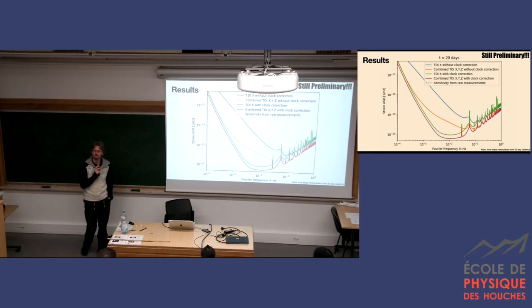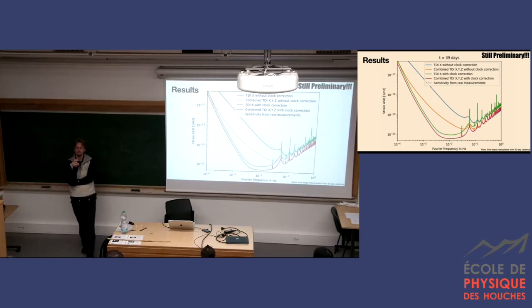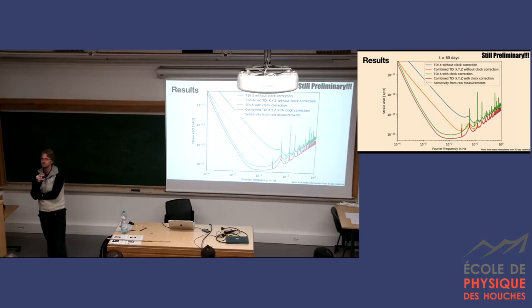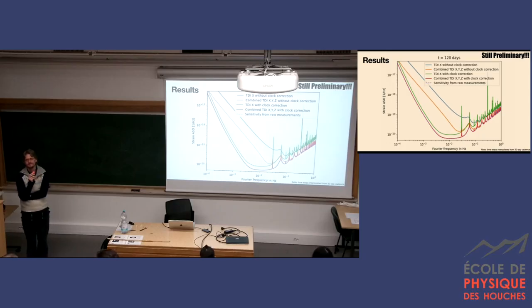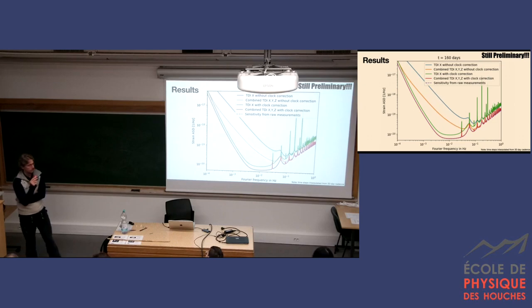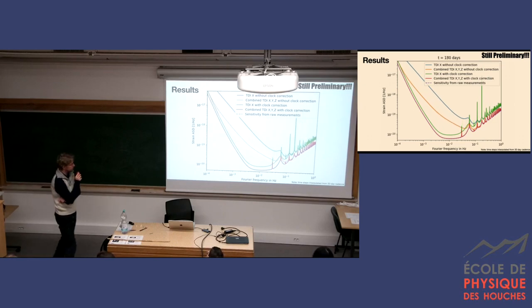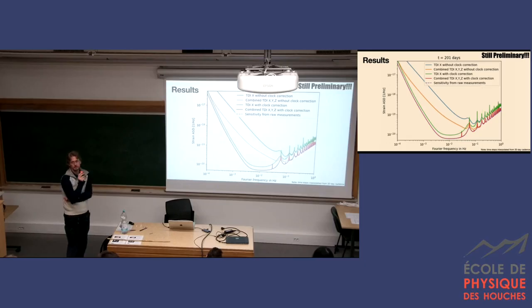Maybe on a tangent, do we have ways, once LISA is flying, to estimate the noise that different components are introducing? Because you will not have empty data stretches, right? It's a very difficult question because, as you say, you don't have empty data stretches. There are all these pesky gravitational wave signals in there.